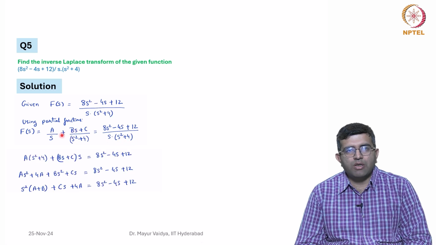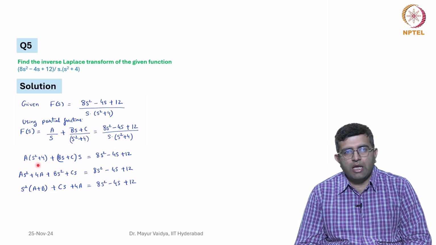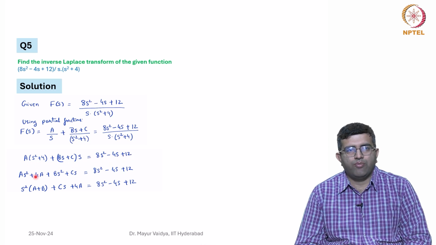And now, if you cross multiply, the denominators will cancel, and what you get is A into s square plus 4 plus Bs plus C into s is equal to 8s square minus 4s plus 12.